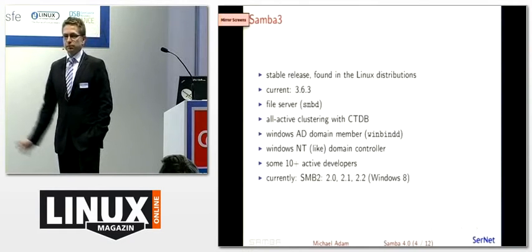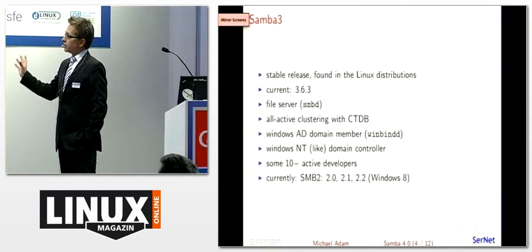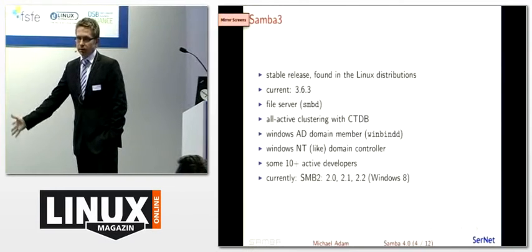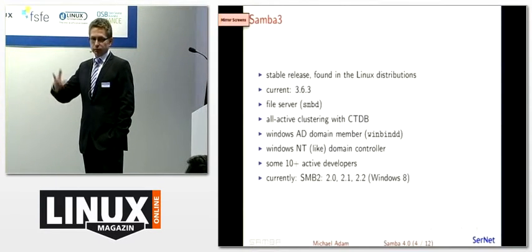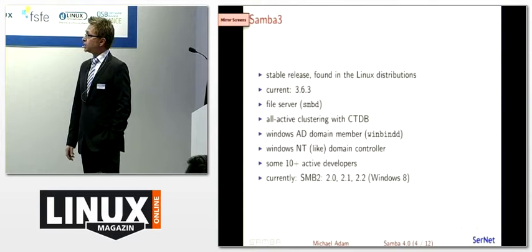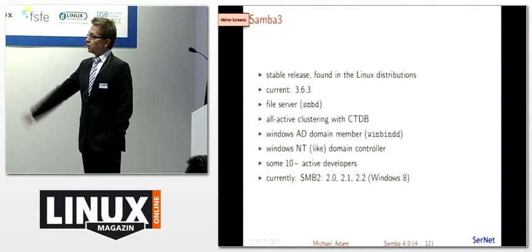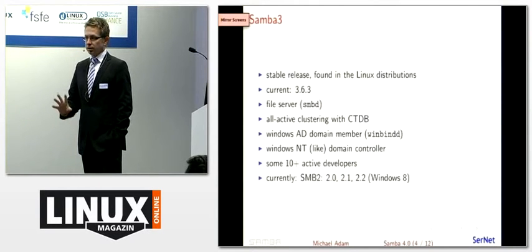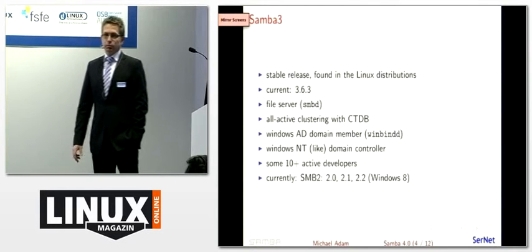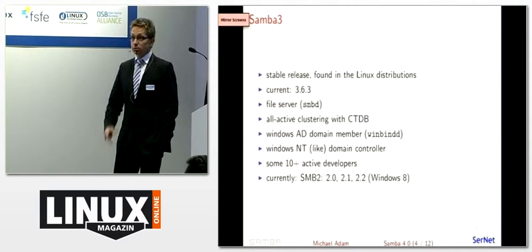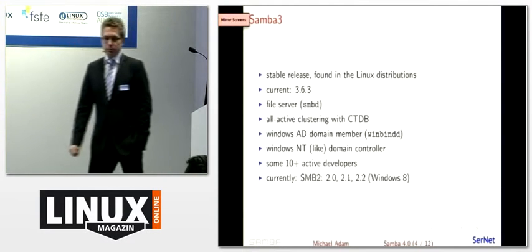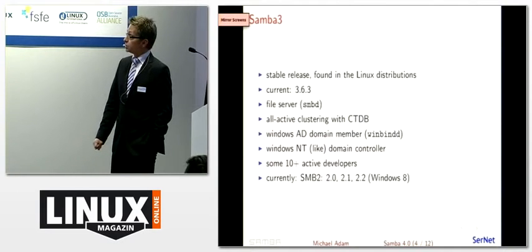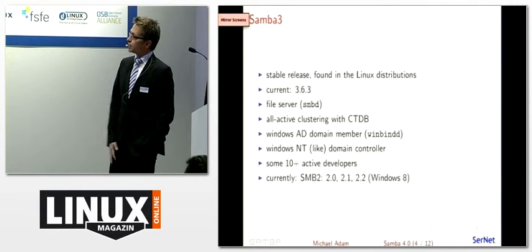The main focus here is the file server and the Windows Active Directory connector, which makes this file server a member in a given Windows domain. It also supports this old-fashioned NT-style domain control, which does not make use of Kerberos and LDAP and all the nice features that the Windows administrators like so much.